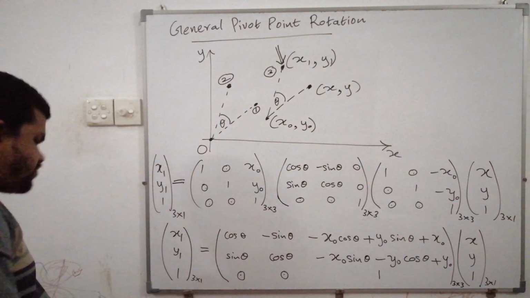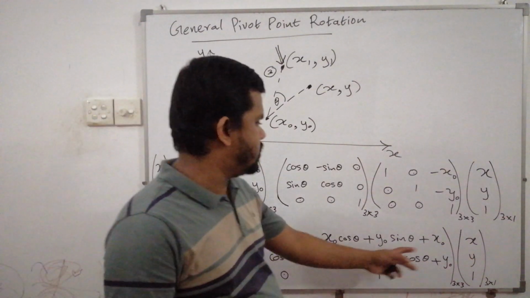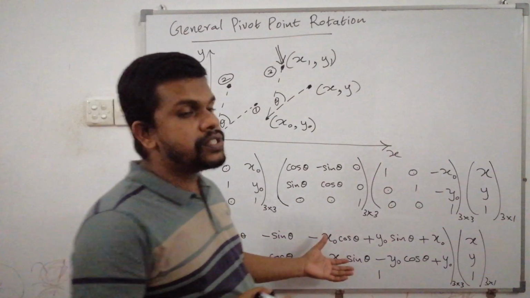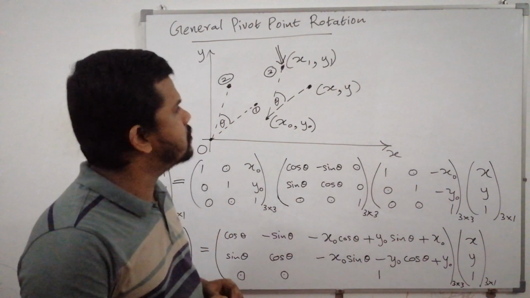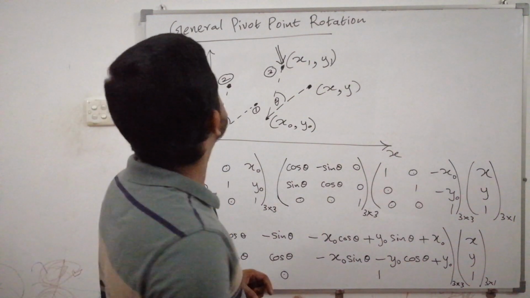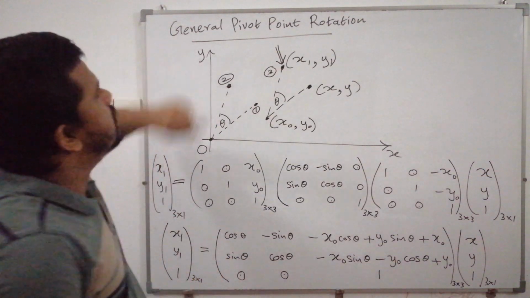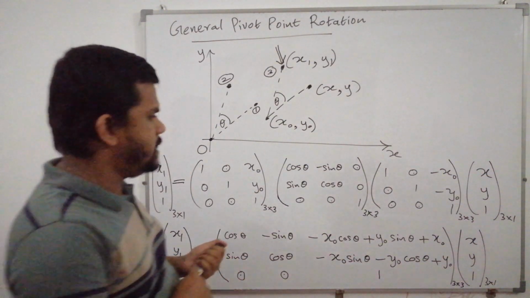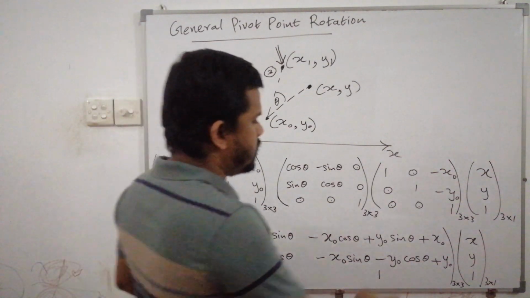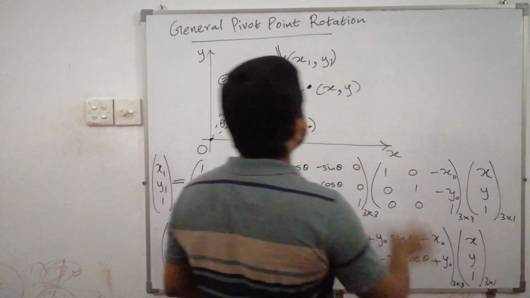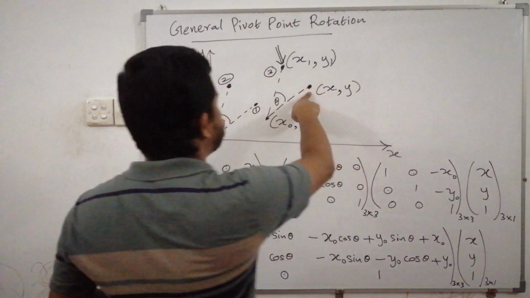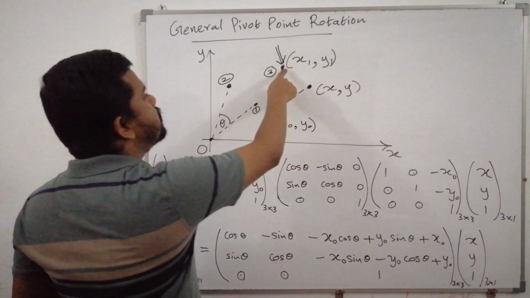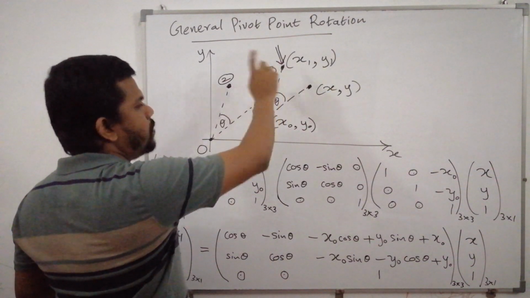So this matrix we call the composite transformation matrix for general pivot point rotation. That means this matrix we use to represent this point.